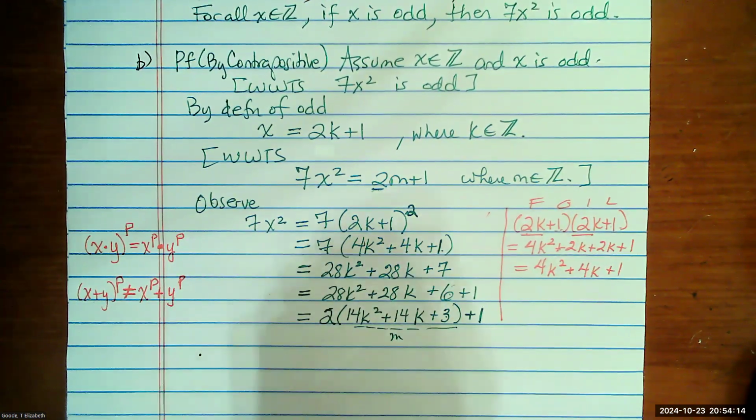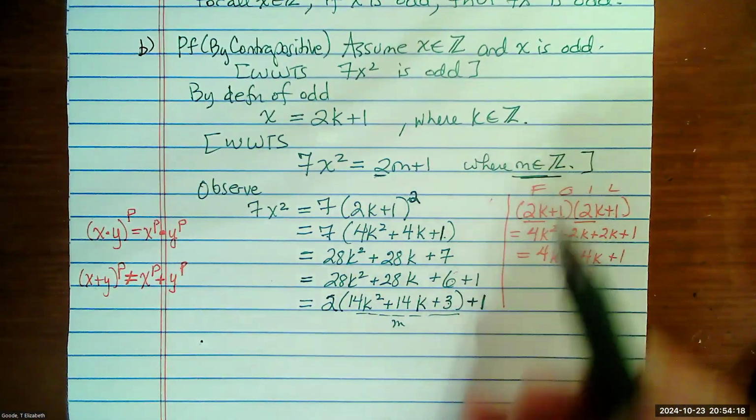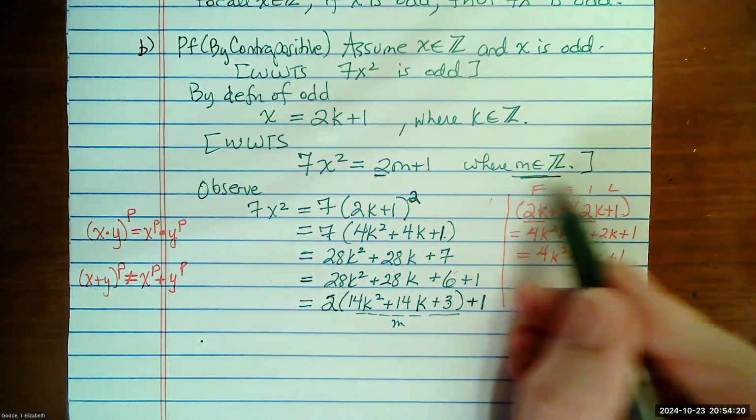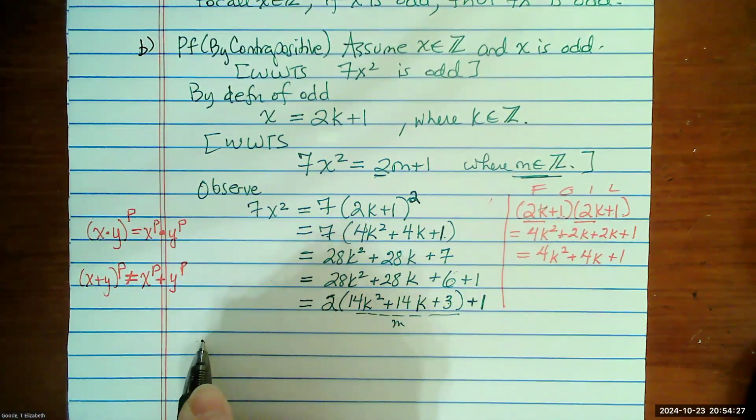So that's great. And now we just need to finish it by satisfying the second part of the definition of odd. So how do you like to write that up? You tell me what to write.